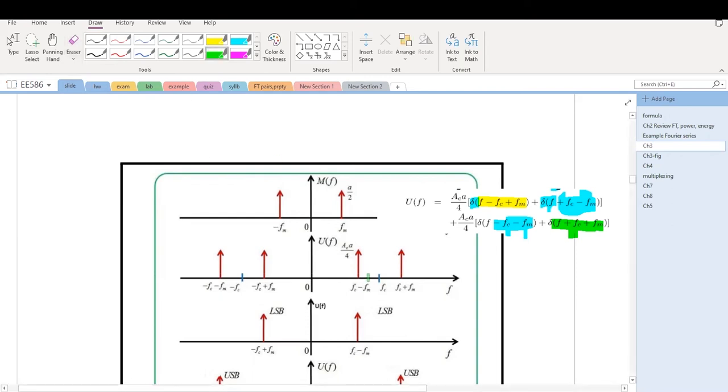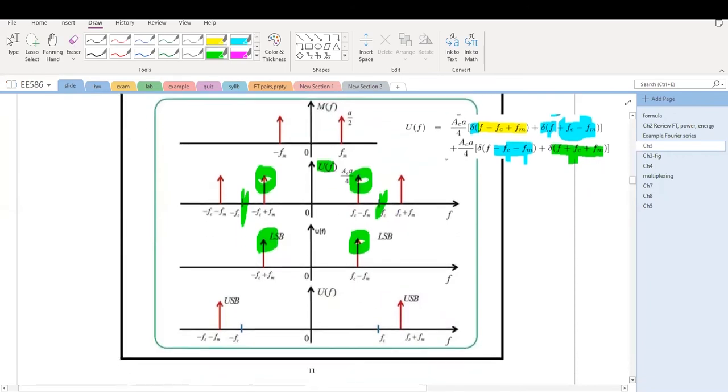If you look here, this is fc. So what is the lower sideband? You only have these two spectra here. So this is the lower sideband frequency components in U of f in the modulated signal.